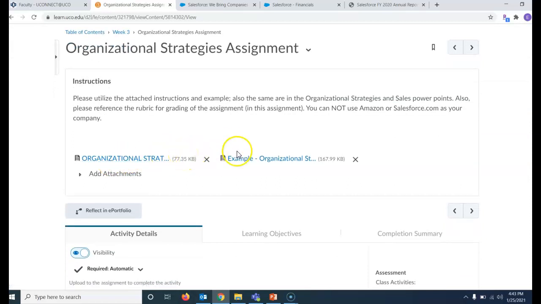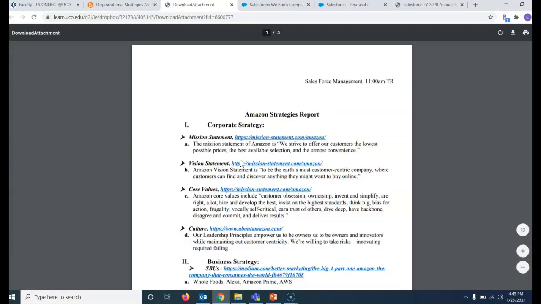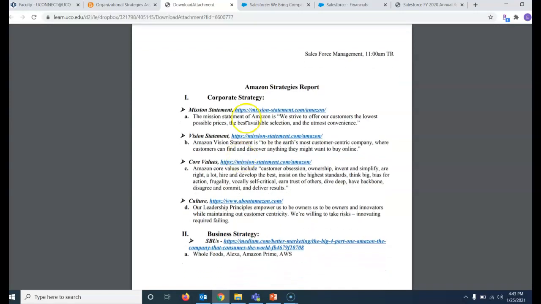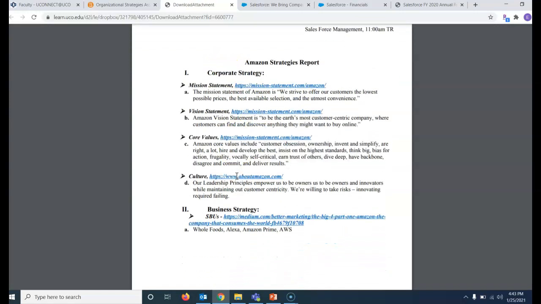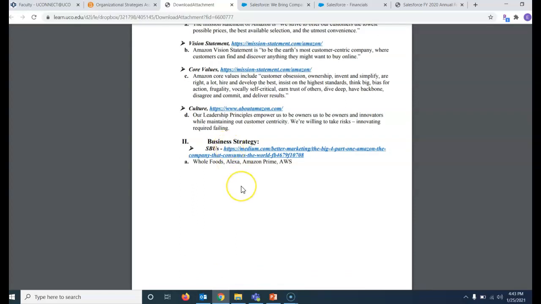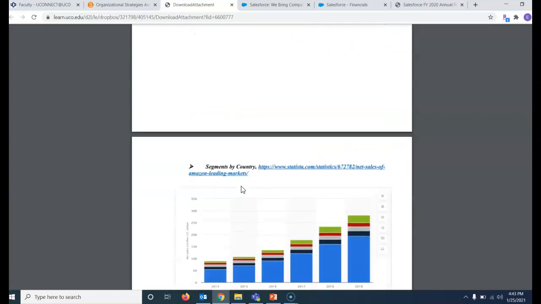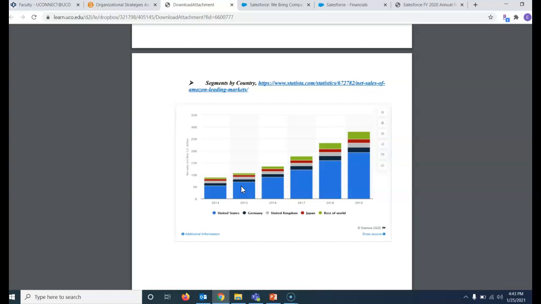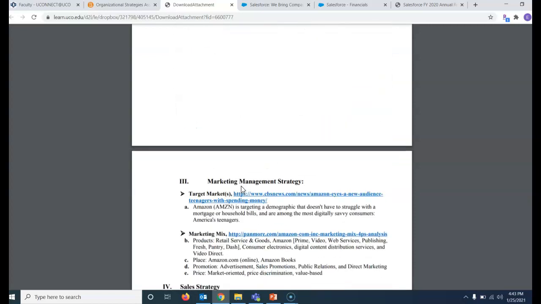That's what I'm going through now. And then you'll see an example. So this is a student example from last semester. So you can see they did Amazon. Here's their corporate strategy. Here's the strategic business units. And then they just show the segments by the country.